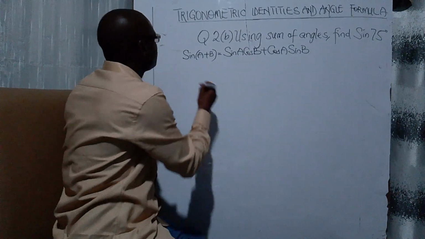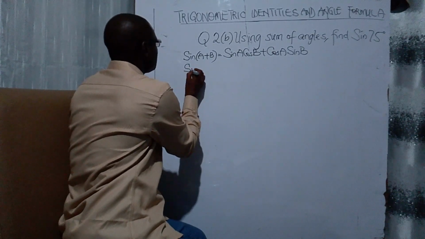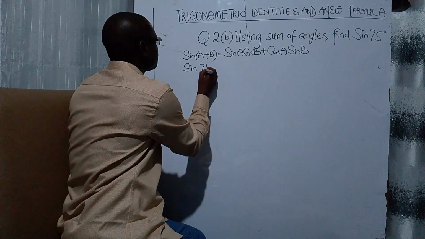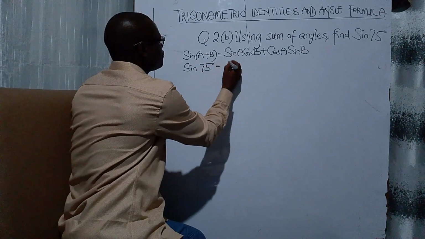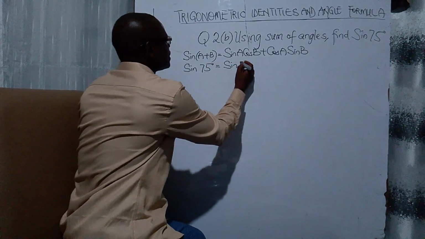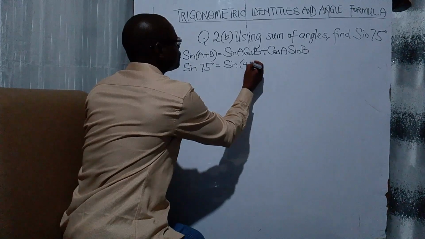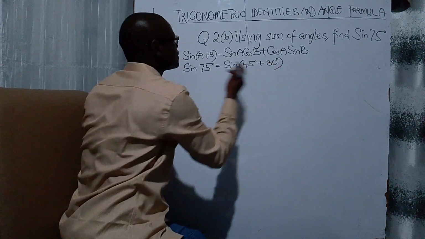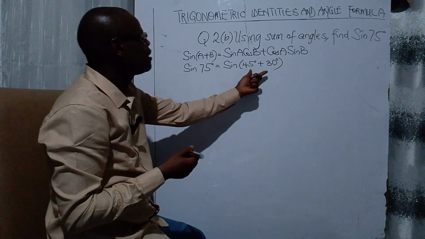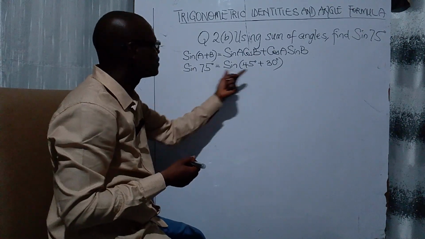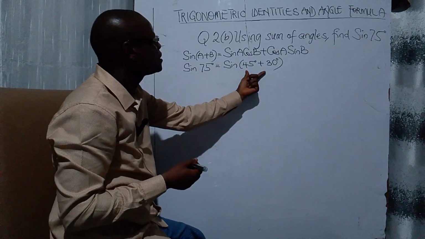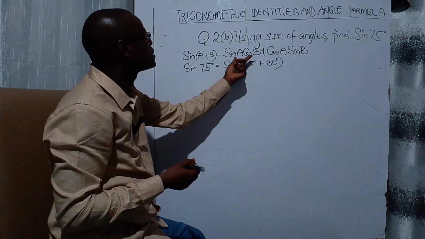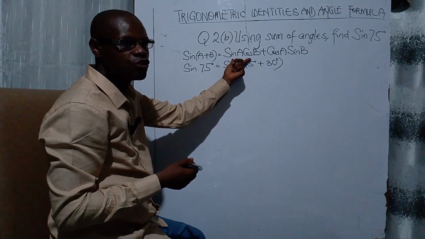So we can now have sine 75 will give us sine 45 degrees plus 30 degrees. So what we have here is still exactly the same thing as this. So with this, we can now follow this same pattern of expansion.